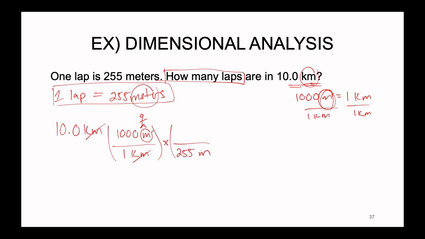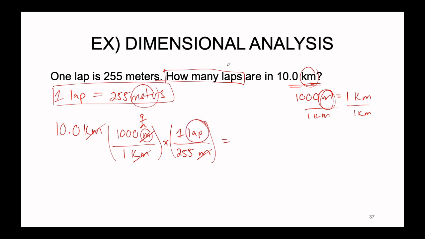We're currently in the meter, and we want these meters to cancel. We want them to be on opposite sides of this divide. There are 255 meters in 1 lap. And now we can see that we have converted from our initial measurement of 10 kilometers, and the only unit standing is the lap.